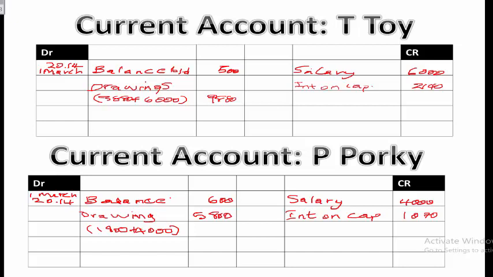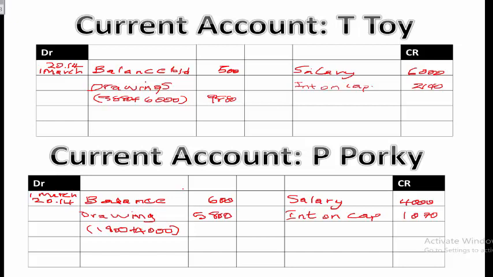Now, what we need to do now is to ensure that both sides are balanced, right? Now, before you balance these accounts, you must note that there is an amount that will come from the appropriation account. And now we need to go directly to the appropriation account and record the information that is in the current account.